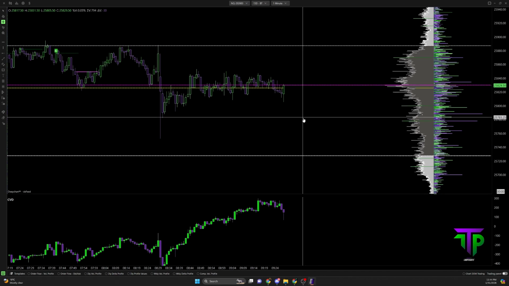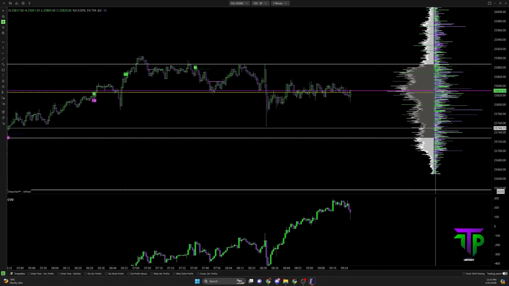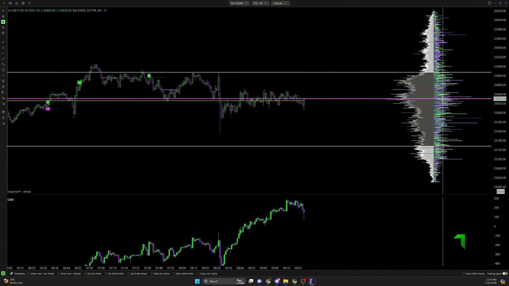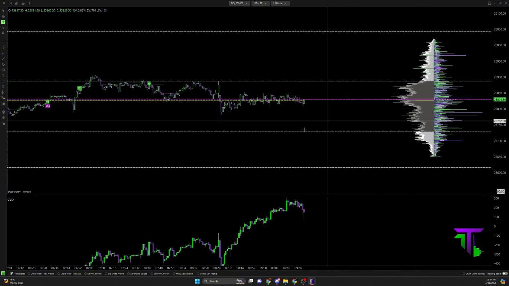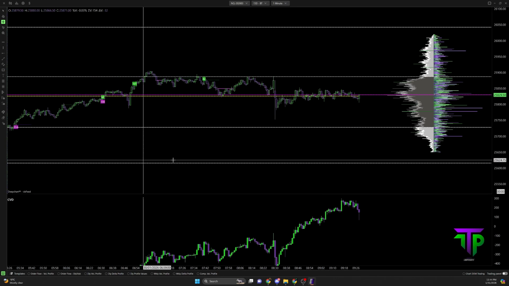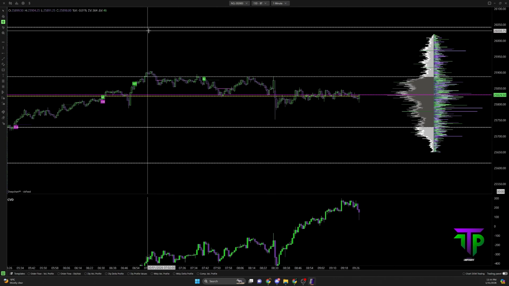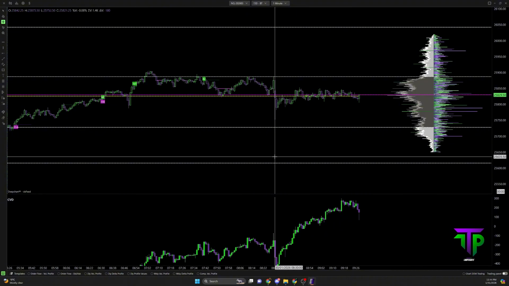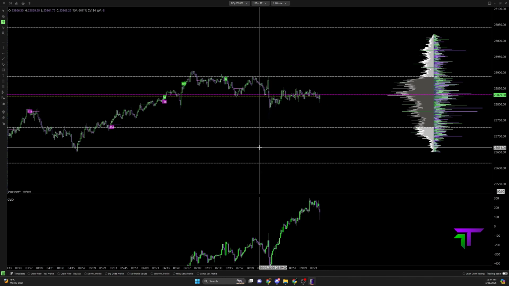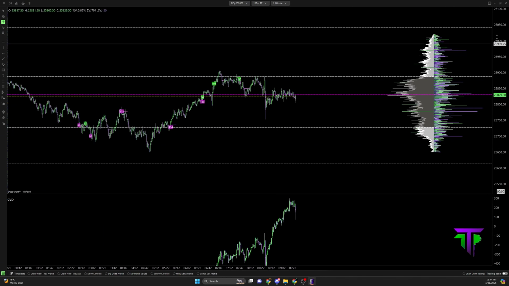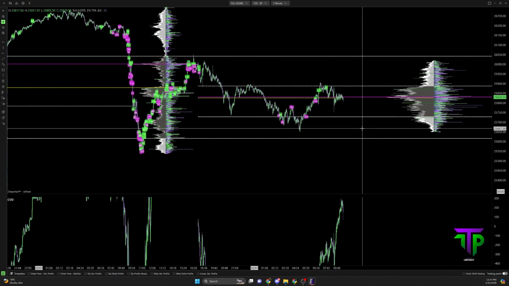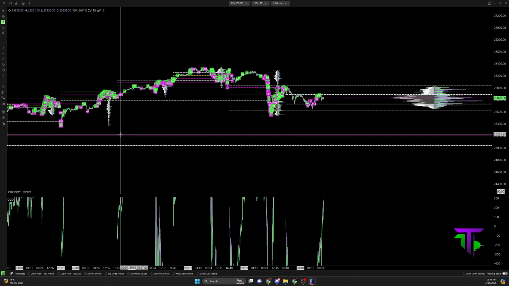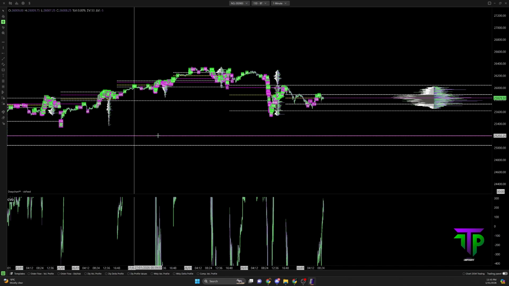So let's get to it. What we have here, on your right side, is the daily volume profile. Here, these extended lines are untested value area high and value area low levels. And if we zoom out further, we might even see an untested point of control.